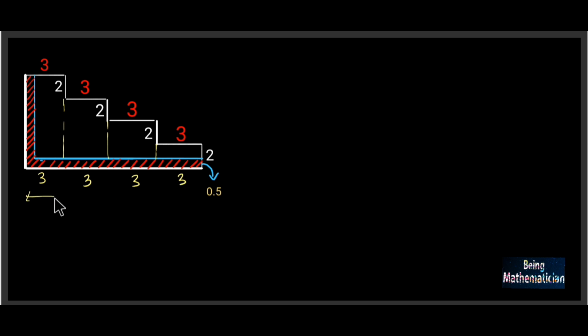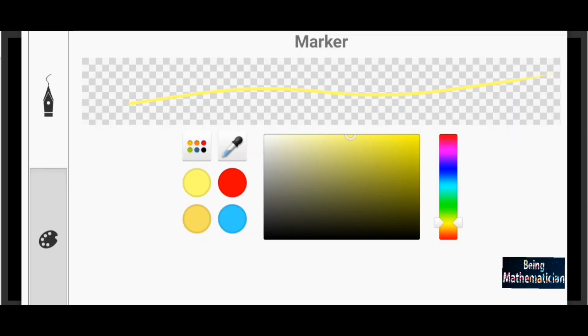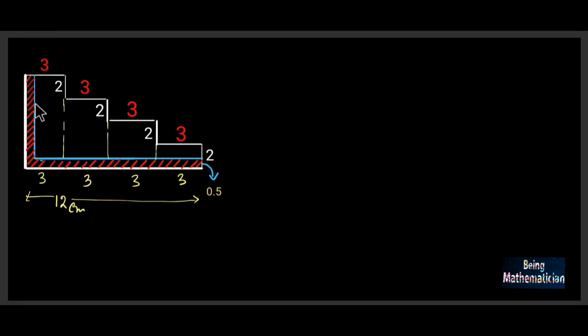So the whole length of this line must be 12 centimeter. Now in a similar way, if we extend this line and this line, we can say this is 2, 2, 2 and this is 2. So this whole line must be 8.